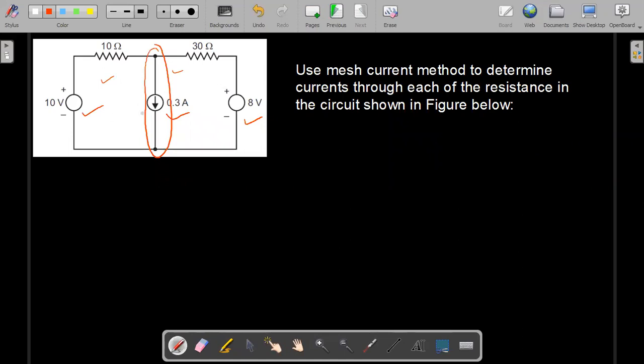So how to solve such type of network using mesh analysis, and how will we determine the current through the resistances as asked in this question? So let us see this particular numerical and try to understand the concept.